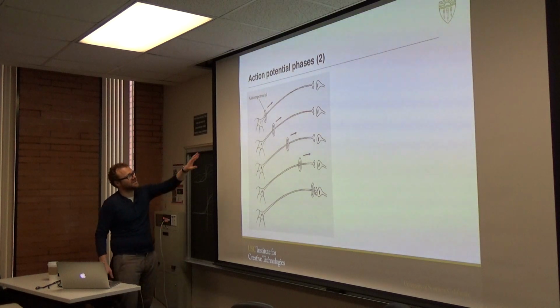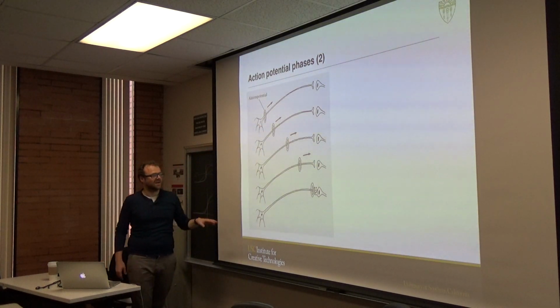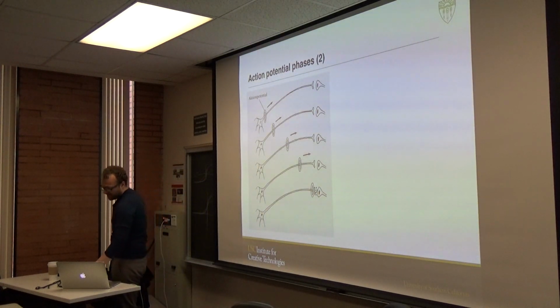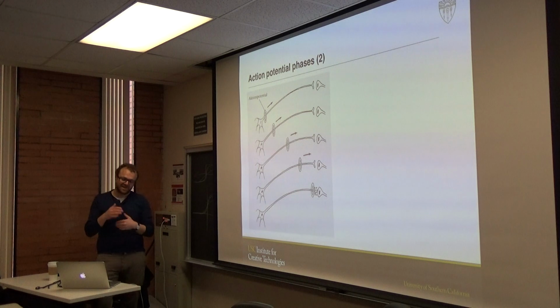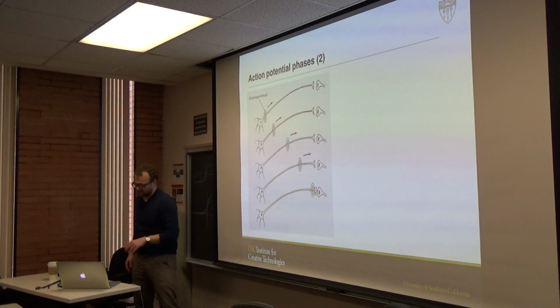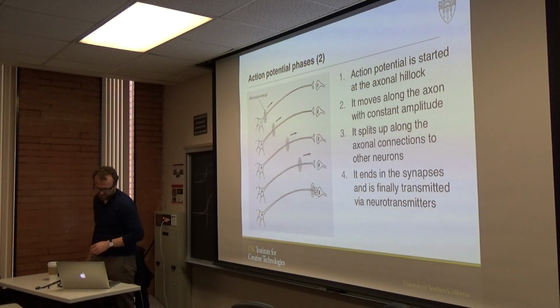So anyways, this action potential now gets sent along the axon, and at the end of the axon there are synapses where the information gets transmitted from this neuron to the next neuron. This is just also a summary of how this looks.